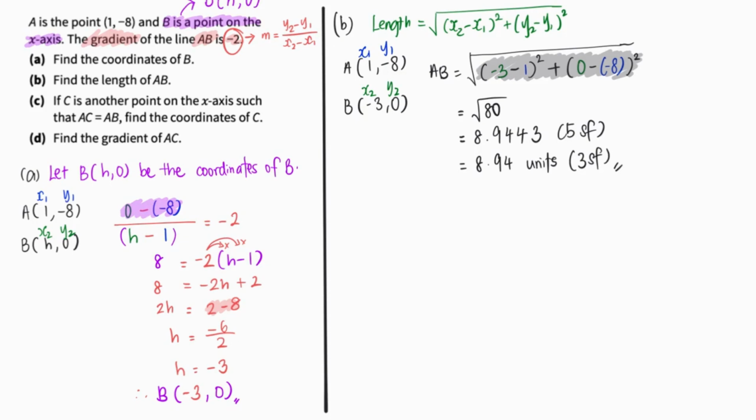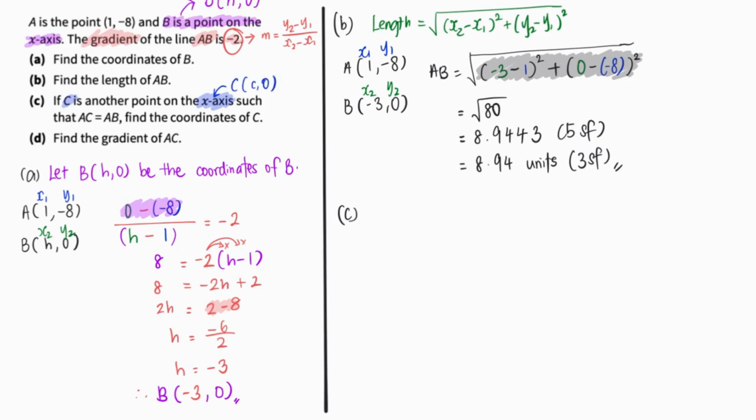Part C is where we will need to find the coordinates of C, where again there is a piece of important information here. Point C is on the x-axis. This is really important. This information tells me that the y coordinate of C is 0.